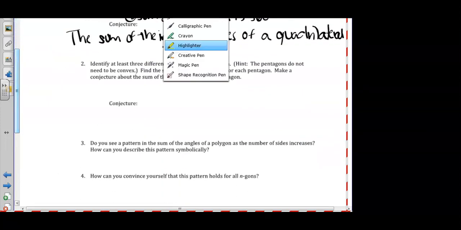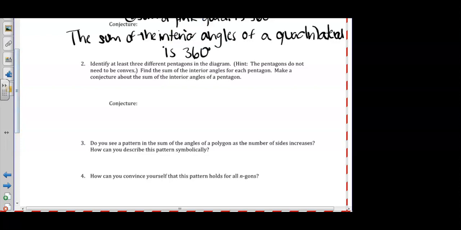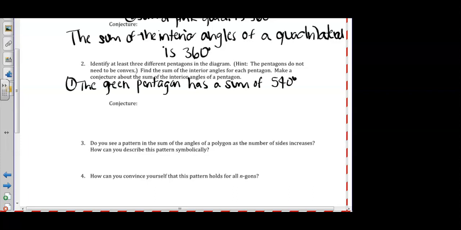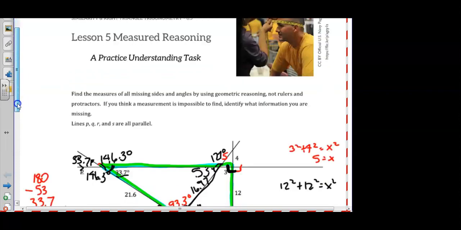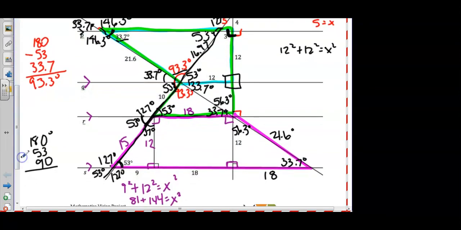So let's write that down. Number 1, the green pentagon has a sum of 540 degrees.